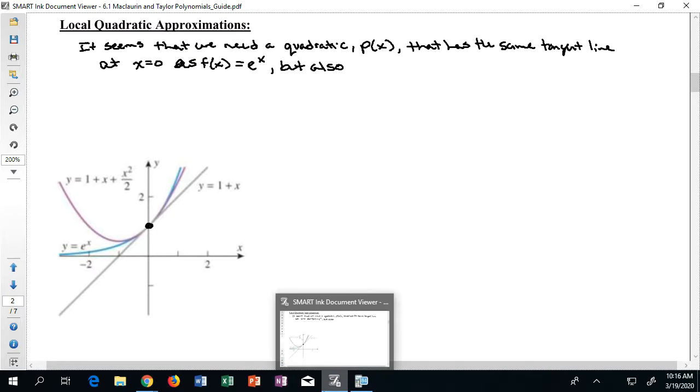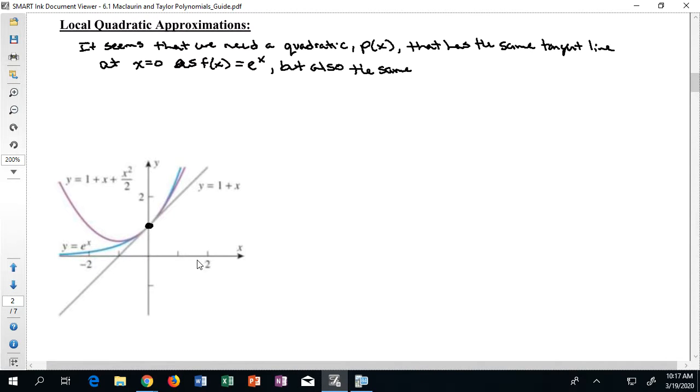So I want to say that I also want the same, quote, bend, or what we call concavity, as f of x near 0.